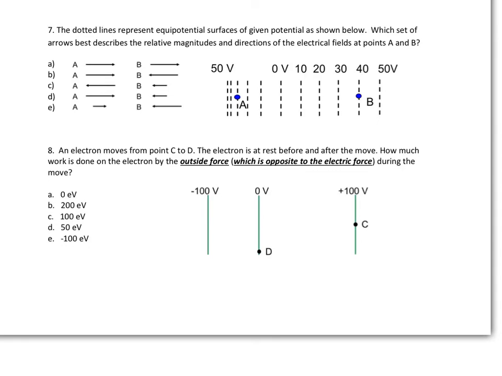Okay, so there are two rules in relating equipotential surfaces to electric fields. One has to do with the direction. The electric field points down the potential.